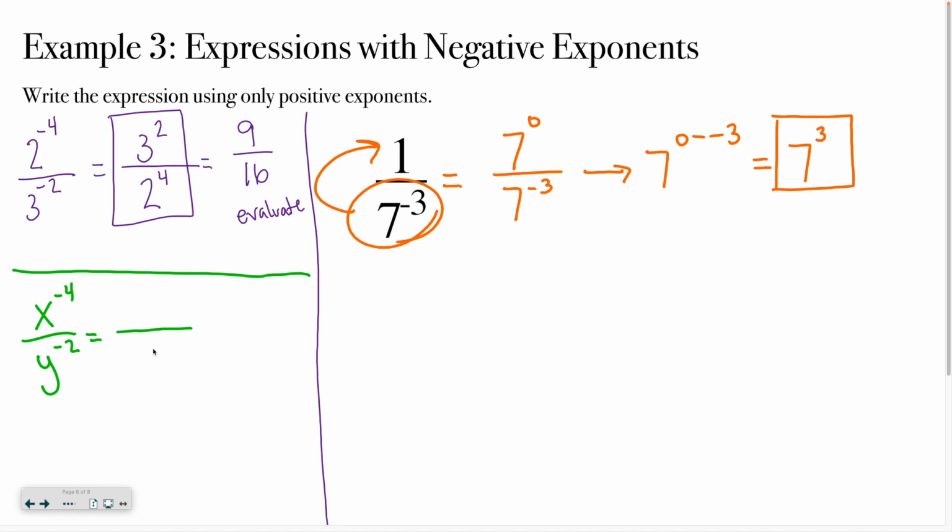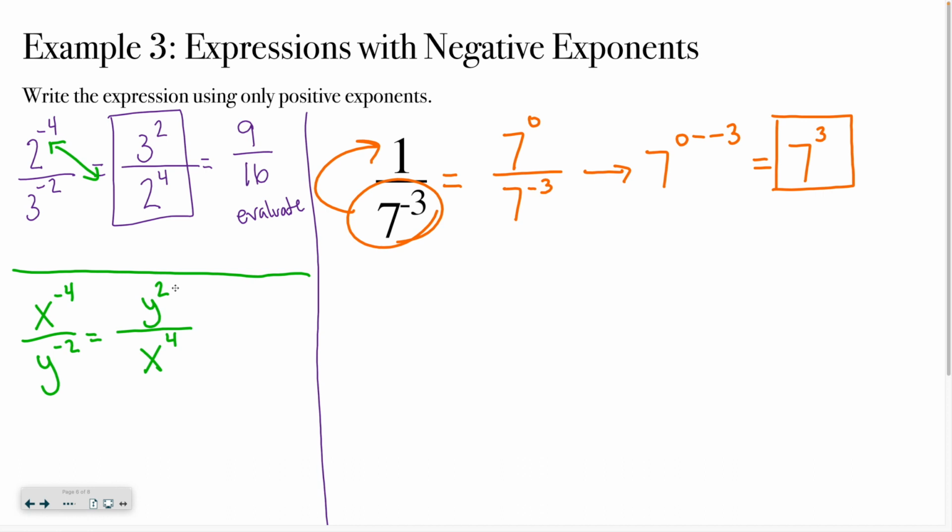If I wanted to rewrite it with positive exponents, I'm going to do the same thing that I did right above. I'm going to move it to the bottom of my fraction. Do you see how it's connected? Like 2 to the negative fourth, in order to make it positive, I moved it to the bottom. Same with the x. That means I'm going to do the same thing with my y. Instead of having y to the negative second power on the bottom, I'm going to do y to the positive second power on the top.